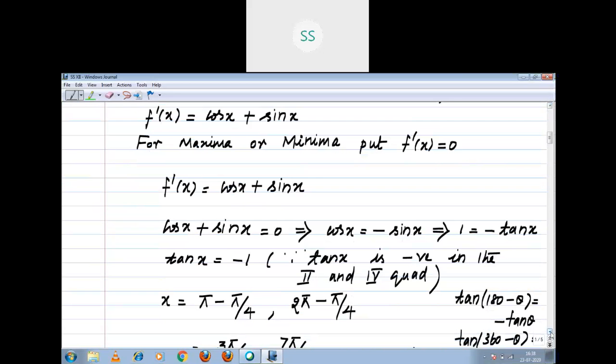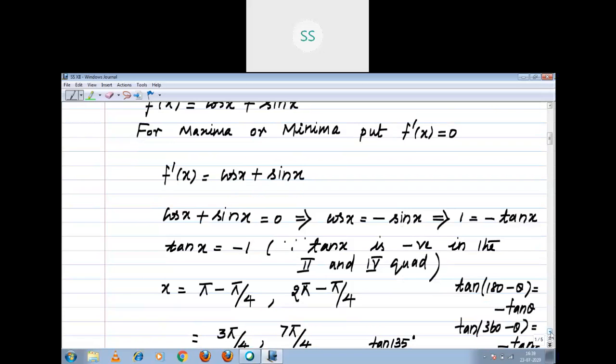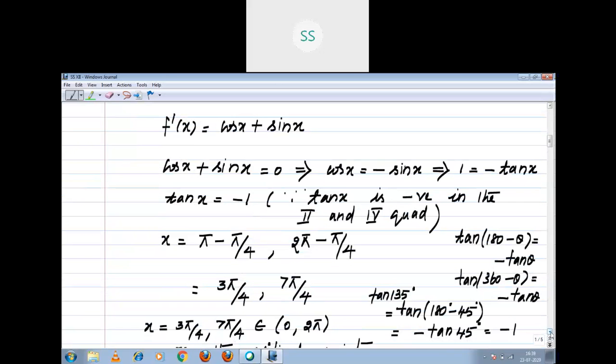Then I expressed in terms of second and fourth quadrant: tan 180 minus theta equal to minus tan theta, tan 360 minus theta equal to minus tan theta. The second quadrant is a sine house, the fourth quadrant is a cos house. All silver teacups, that you have to recall. Right? 3 pi by 4, 7 pi by 4. You should bring the x value, the critical point, in the given interval, that is 0 to 2 pi.